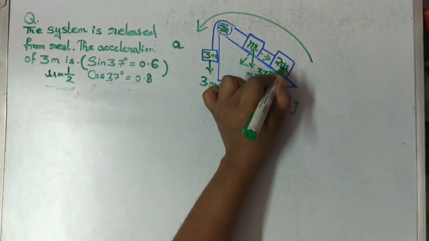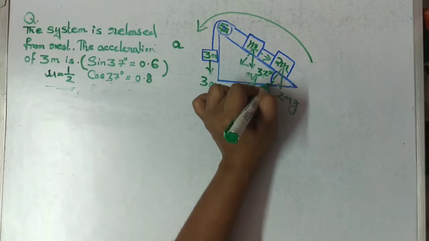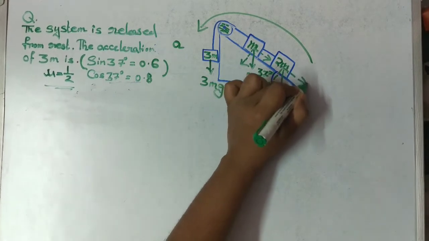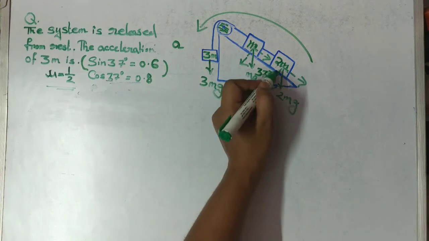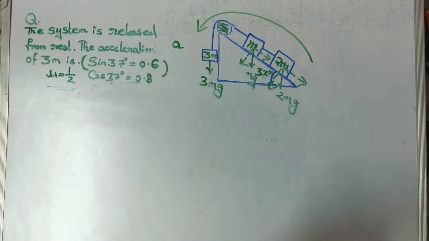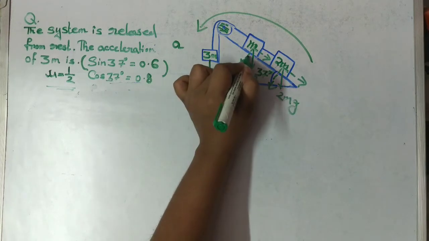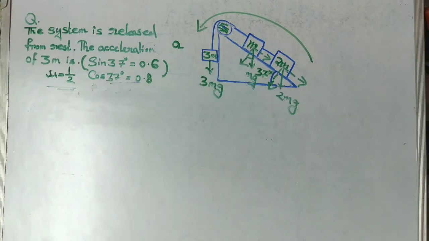Similarly, if we divide it into two components, we will get this and this. From simple geometry, if the angle of inclination is theta, then this angle will also be theta.